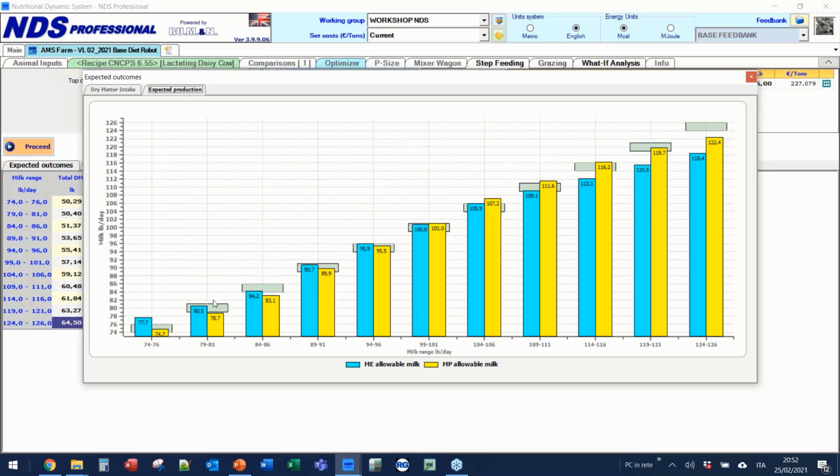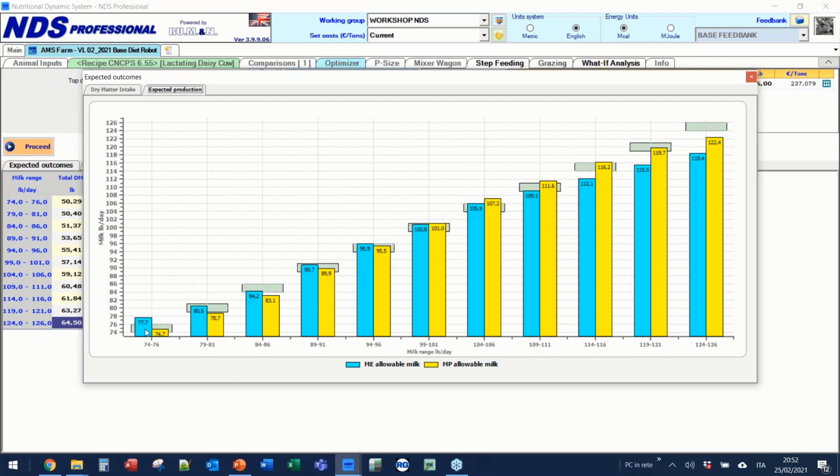Then we have an idea in this graph about how this diet, PMR plus pellet, is able to meet the requirements or meet the target. The green box describes the target.